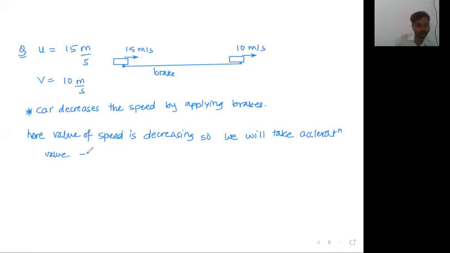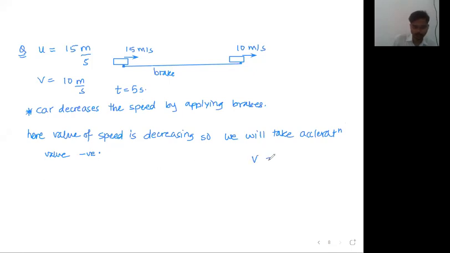Let's check. Let the time required for the motion be 5 seconds. Now the value of acceleration should automatically come out negative. Let's check.